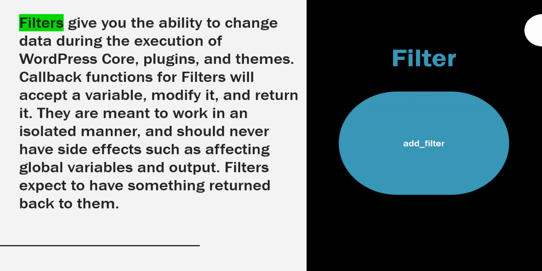Filters modify data and return it. They are meant to work in an isolated manner and should never have side effects such as affecting global variables and output. Filters expect to have something returned back to them.